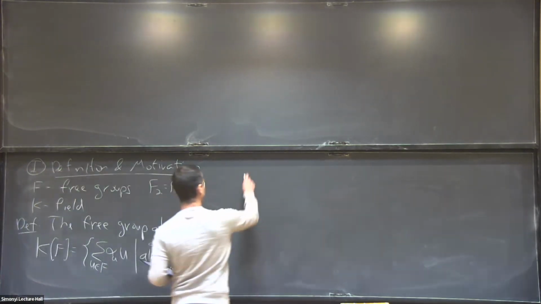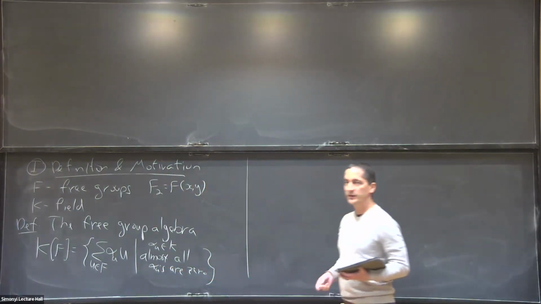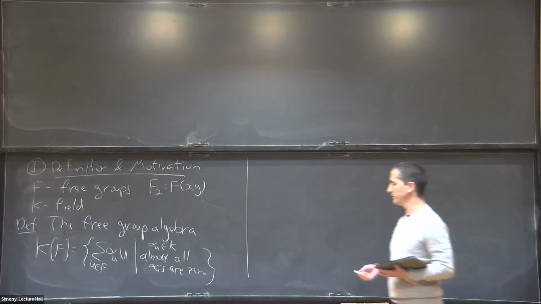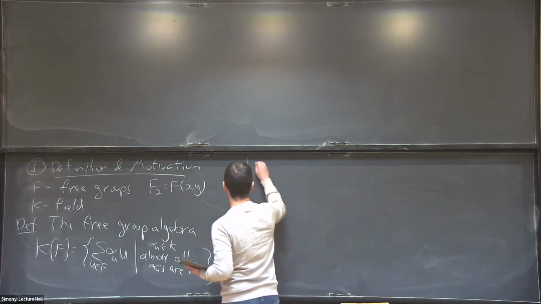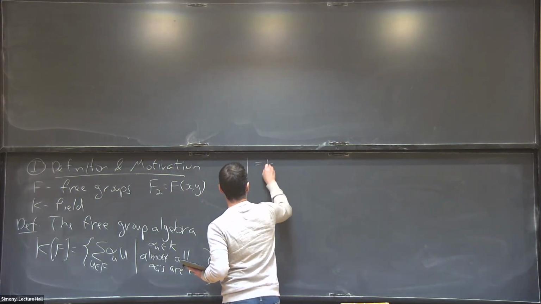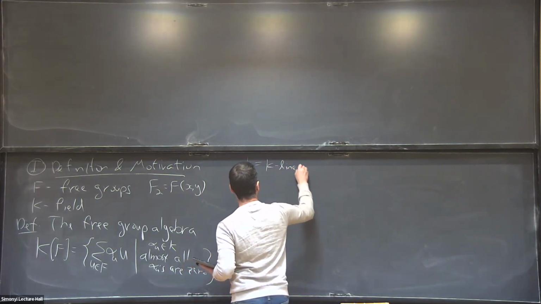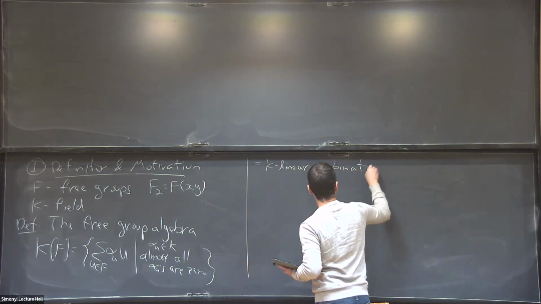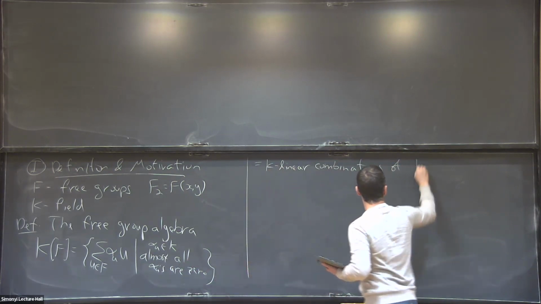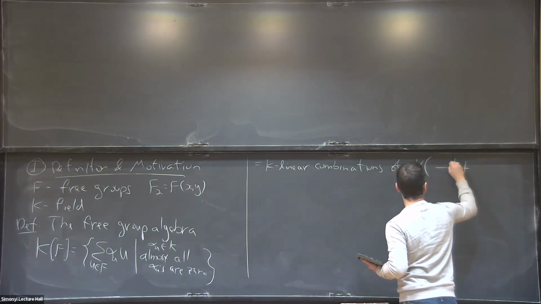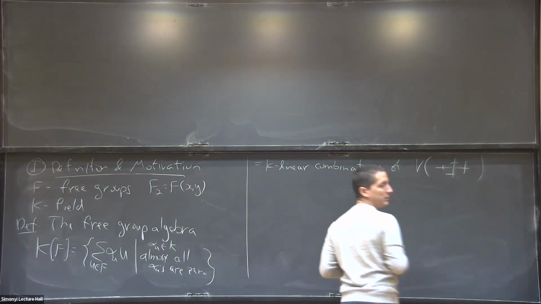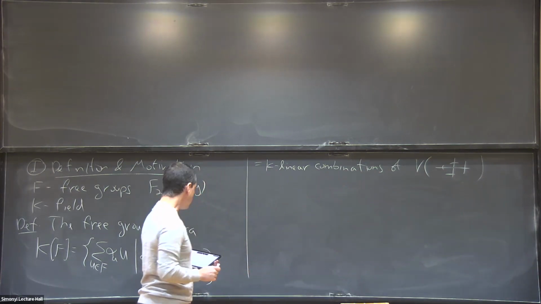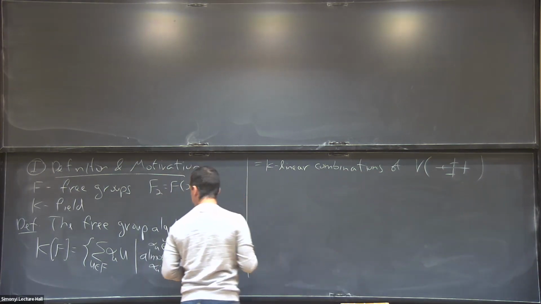It's helpful to think about it as K-linear combinations of the vertices of the Cayley graph, or the tree.